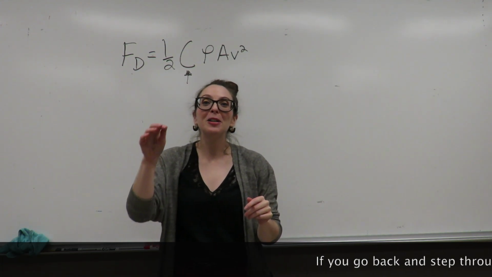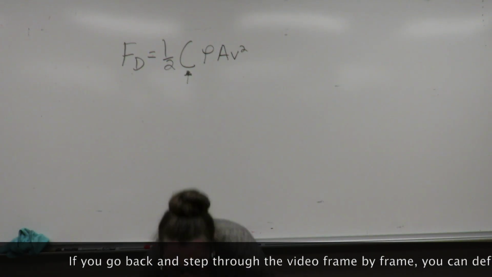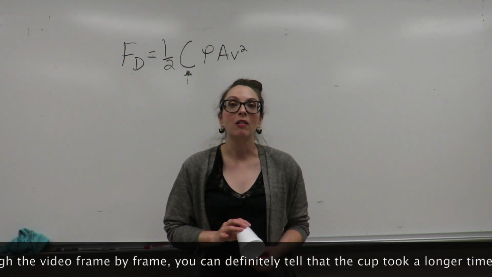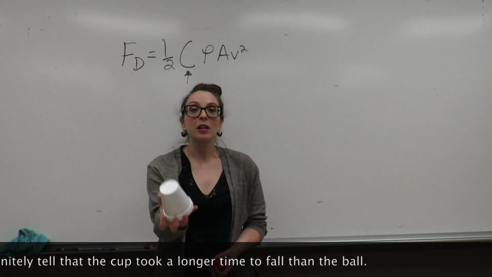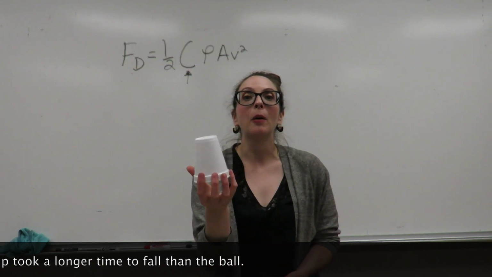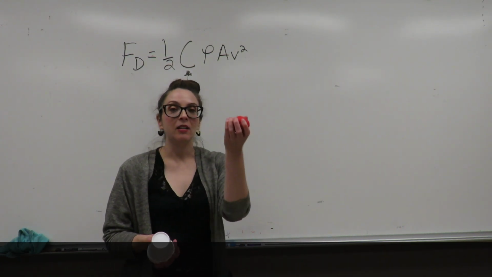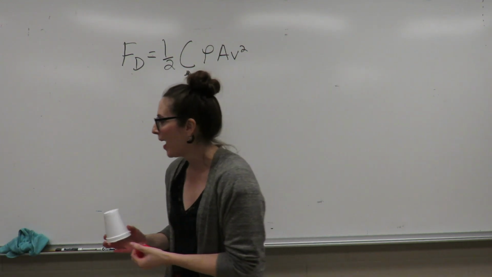So maybe you didn't see it fall all the way down to the ground, but what happened was that the Play-Doh ball fell first and the styrofoam cup took a longer time to fall to the ground. That's because this object, the styrofoam object, has a larger drag force acting on it than my Play-Doh ball here, okay?